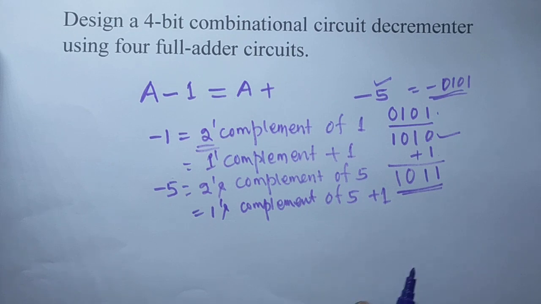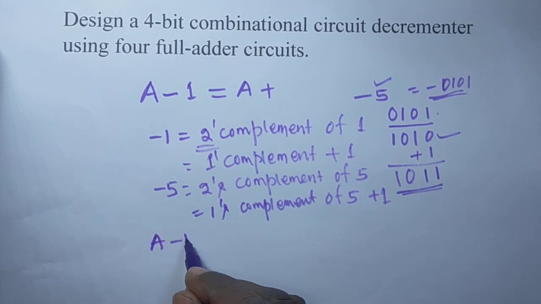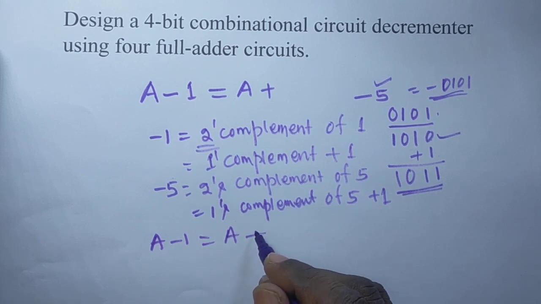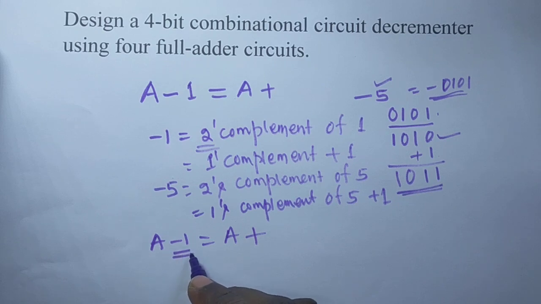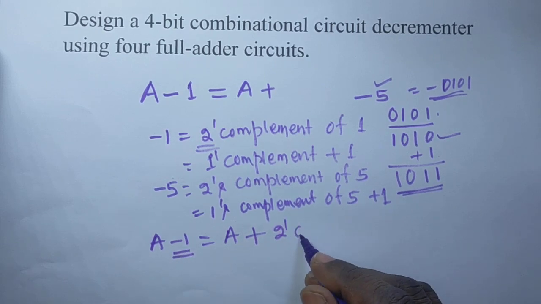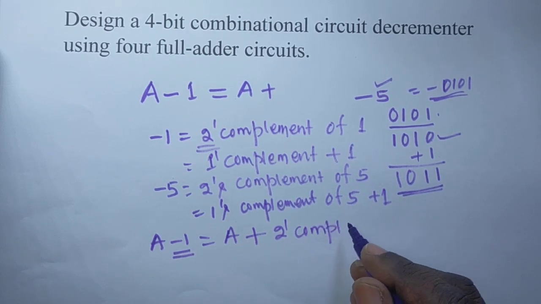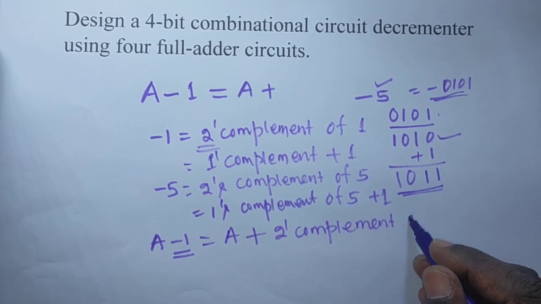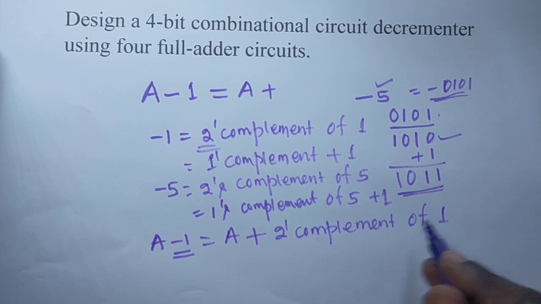A minus 1 is equal to A plus the 2's complement of 1, because minus 1 means the 2's complement of 1.